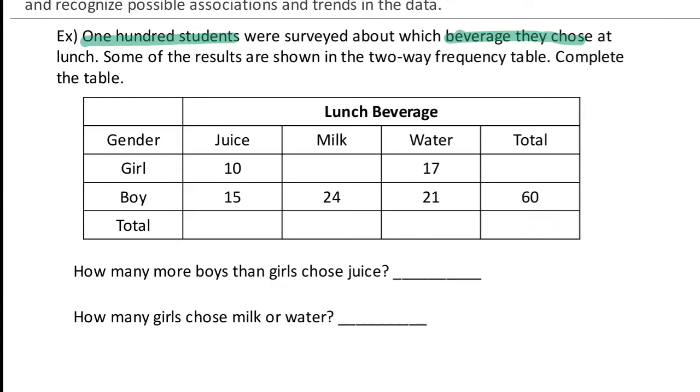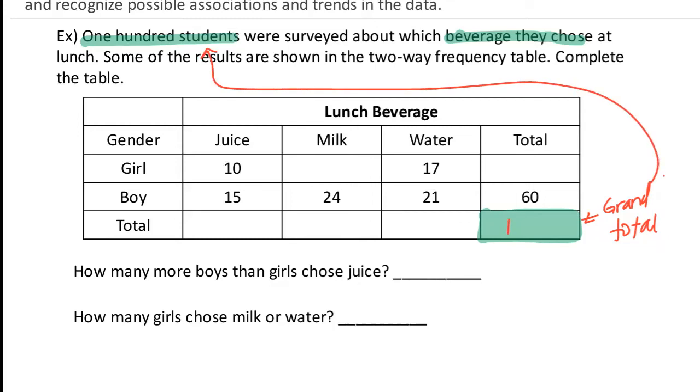But the context tells me I have a total of 100 students, so the grand total is 100. This box is always our grand total. The survey says I had a total of 100 students, so I plug in 100 in that box.